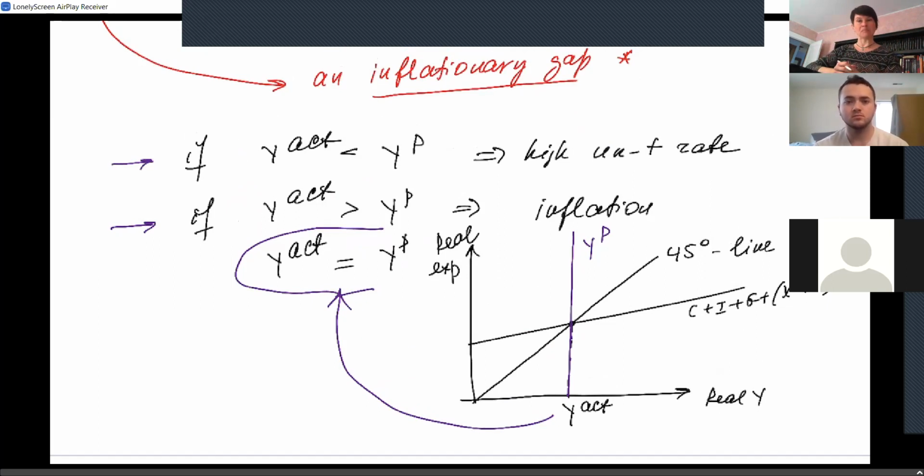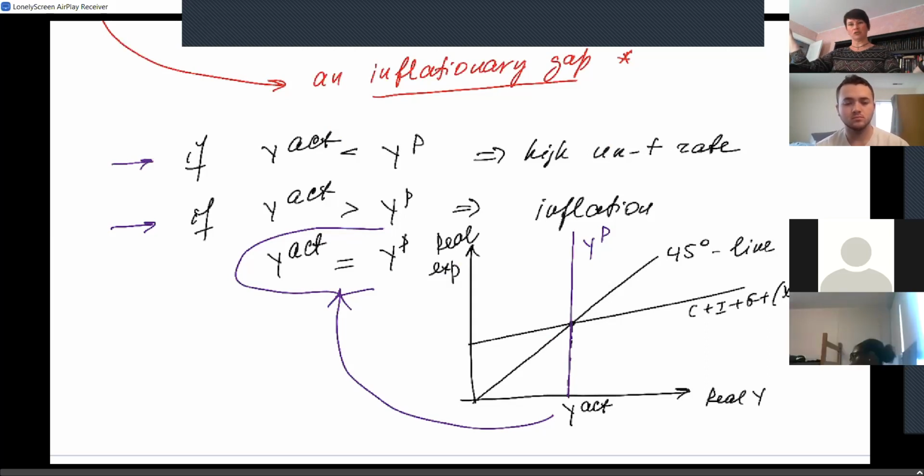That's where we're going with all of this. As you can see, either gap is bad, either unemployment or inflation. We need the two GDPs, actual and potential, to merge, to be the same number or as close as possible. That's the goal of any policy developed by either fiscal authorities or monetary authorities.